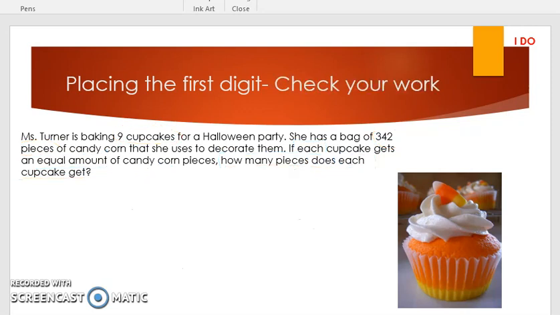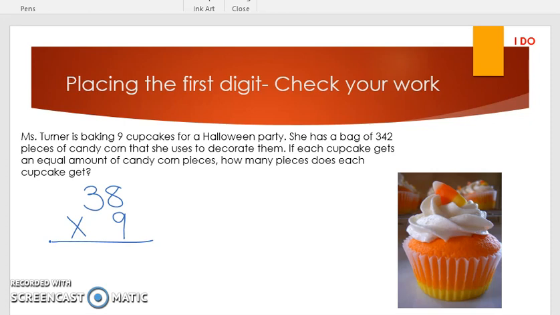Now let's go ahead and check to see if we got our answer correct. Because multiplication and division are inverse operations, we can work backwards to see if we got the right answer. So we're going to start with our answer of 38 pieces of candy. We're going to multiply by 9 cupcakes, and we should get a product, or our answer, of 342.